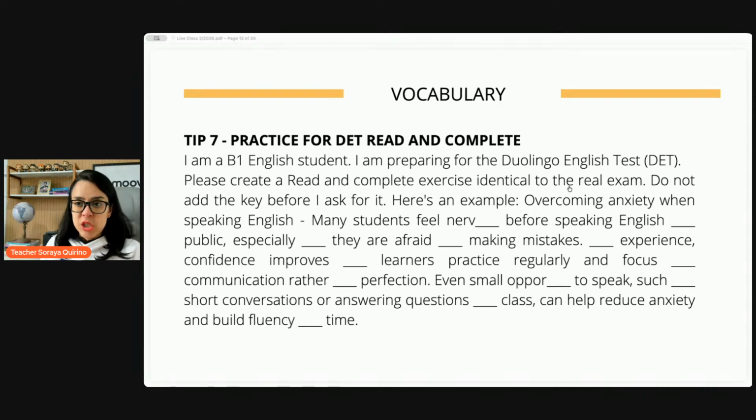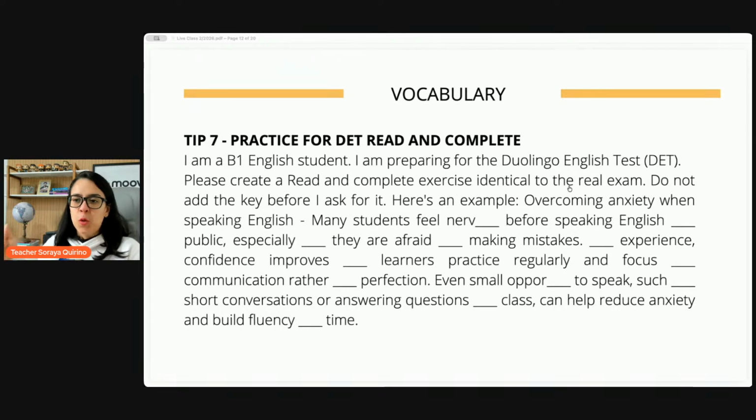You can ask ChatGPT to do that, but I highly recommend that you try to do it without knowing how many letters the words have, because this will be more challenging for you. And when you work on the DT platform and you know the exact number of letters you need, it will be easier for you to guess the word.